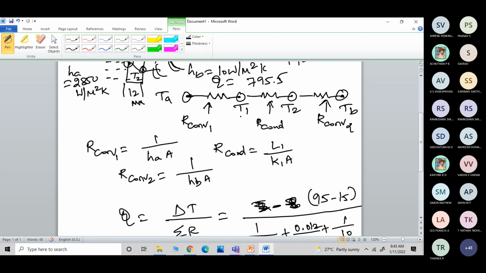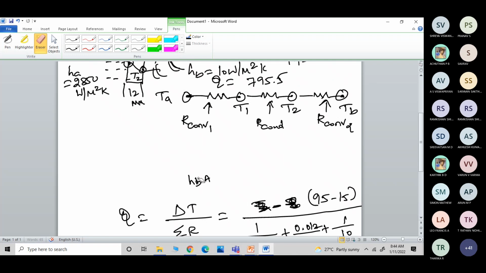So let me write like this. Q equal to 795.3.